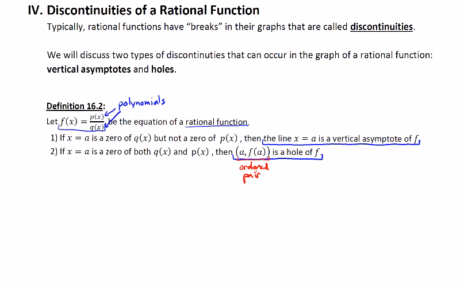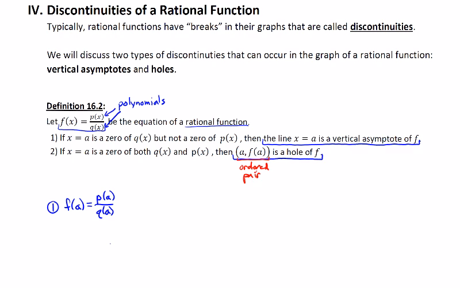So for statement number 1, if you take a and you plug it into your function, then that means that you're going to have to plug in a into the numerator, and you're also going to have to plug in a into the denominator. That would be q of a. You have to plug it in everywhere.